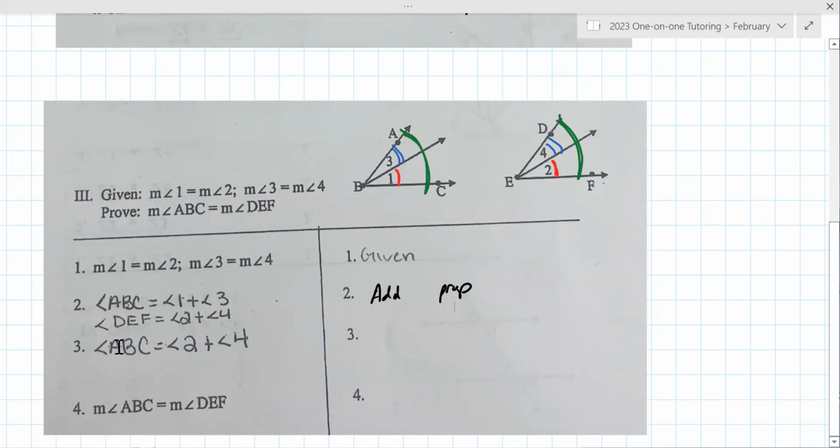So ABC equals angle 2 plus angle 4. So you're substituting in for 1 and 3. 1 becomes 2, 3 becomes 4. So yes, it is the substitution property. And then instead of 2 and 4, they're saying, well, that's really DEF. So that is also the substitution property.